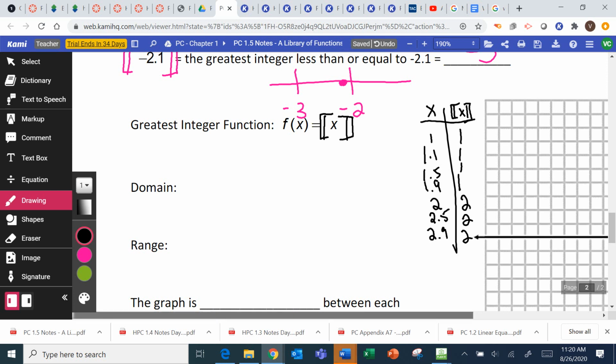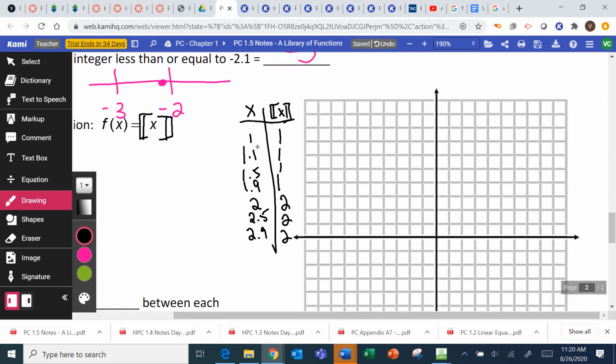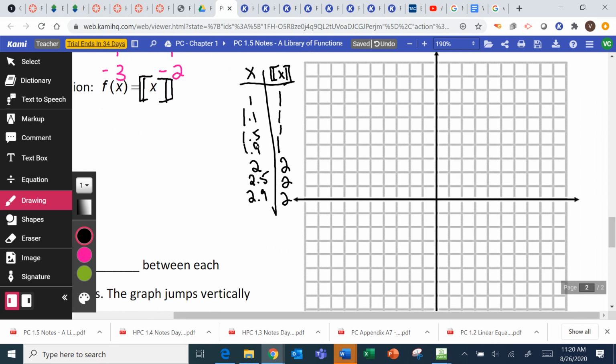So let's see what it looks like over here. I am going to change the scale on my graph because I know what it's going to look like, and I want it to be obvious to you what it looks like. So I'm going to make this 1 here, and make this 2, and make this 3, just so it's spaced out a little bit. It also allows me to not have to graph as much. You'll see why in a second.